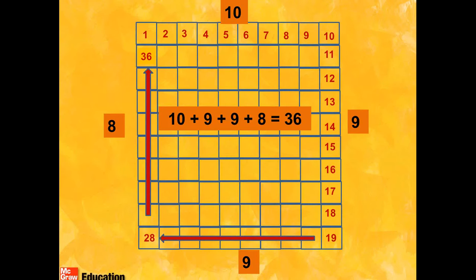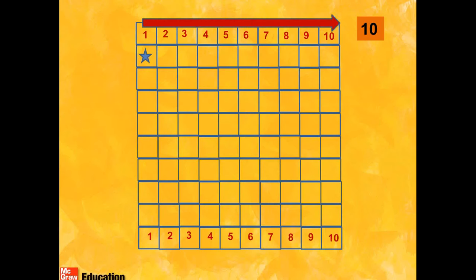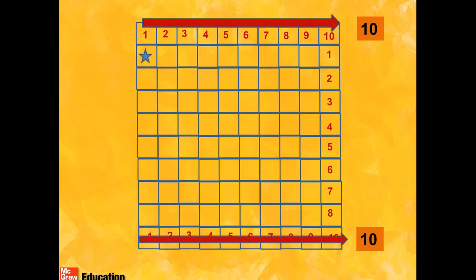Another way of solving that for a solution may be to think again that where the star is located and recognizing that there are 10 squares across the top row and there are 10 squares across the bottom row, which leaves how many squares between the 2 rows?